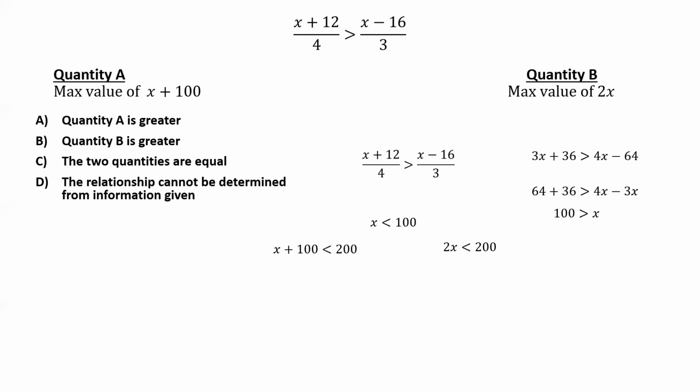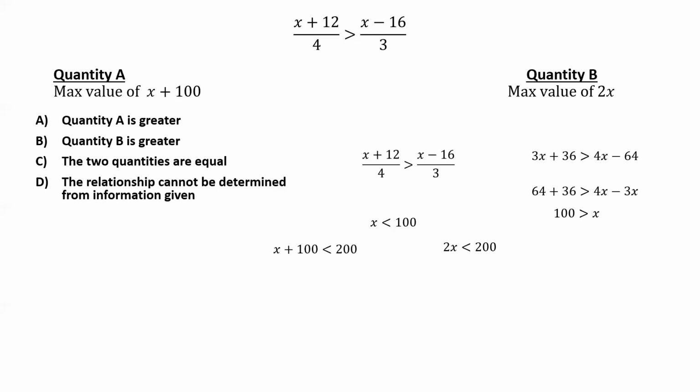If it were less than or equal to, then it's simple to see that the maximum value that x plus 100 could have taken was 200, and the same for 2x, and then your answer would have been that the two quantities are equal. But here, the inequality that we have is not less than or equal to. This is less than, right?